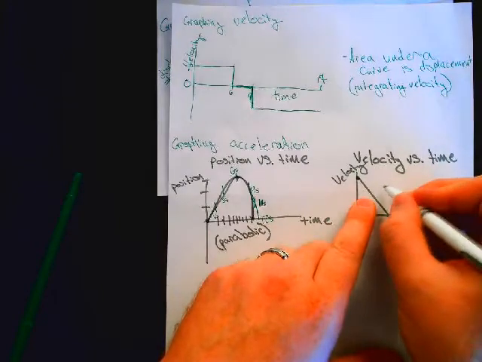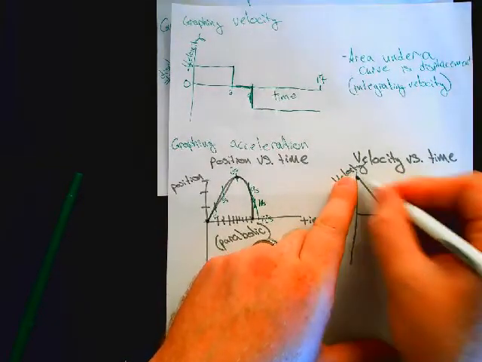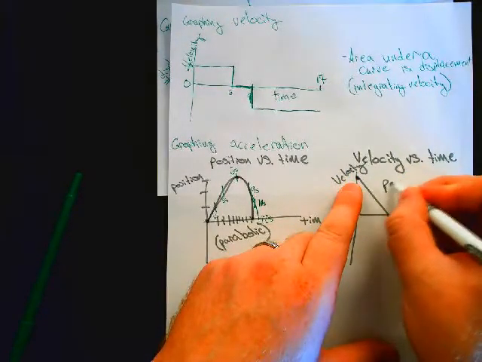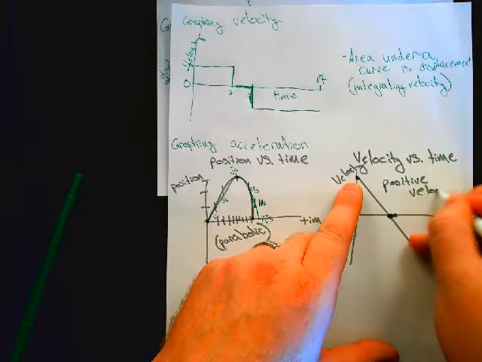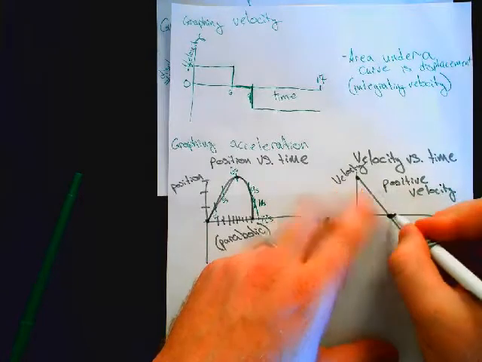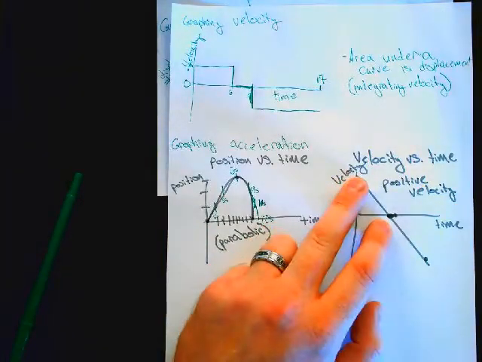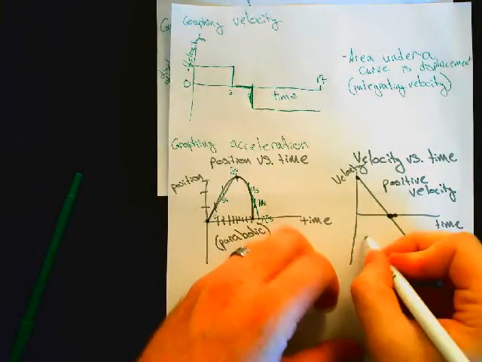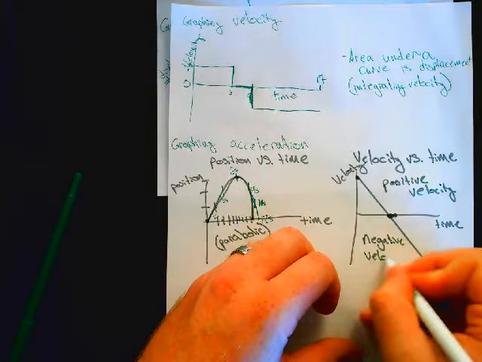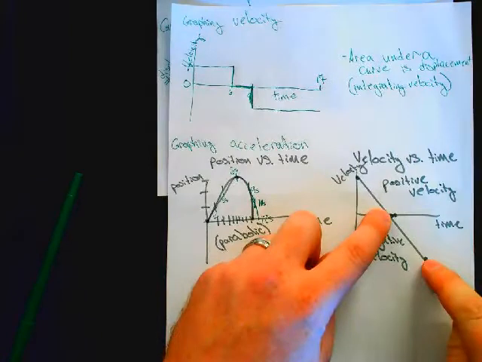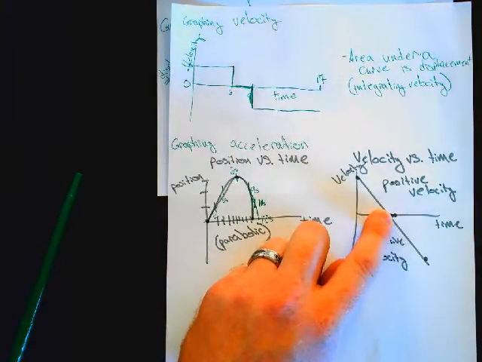Now I do want to note here that during this entire situation, this is a positive velocity, meaning that through the entire segment, we're moving towards the back wall. Down here we have a negative velocity, meaning that during this entire segment, we're coming back towards the front of the room. Excuse me.